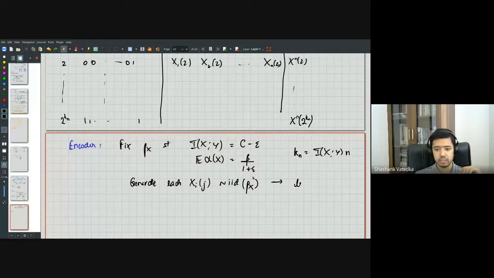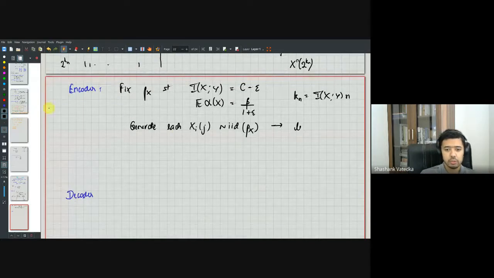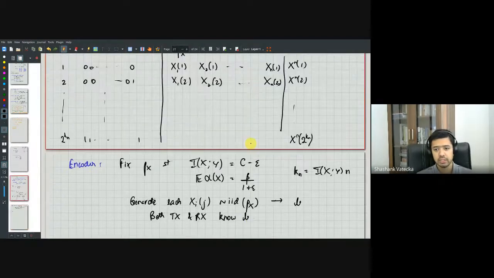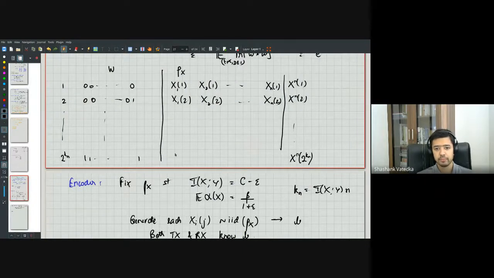Both know the code book, which means they know this entire table.